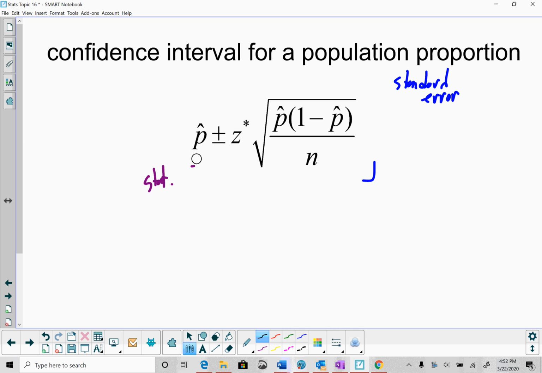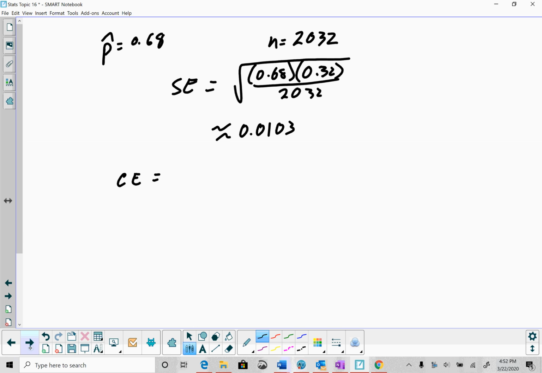We need to start with p hat, which in this case is our 0.68. Now we're going to do plus or minus. We're going to add this to get the upper value for our confidence interval, and subtract to get the lower value.